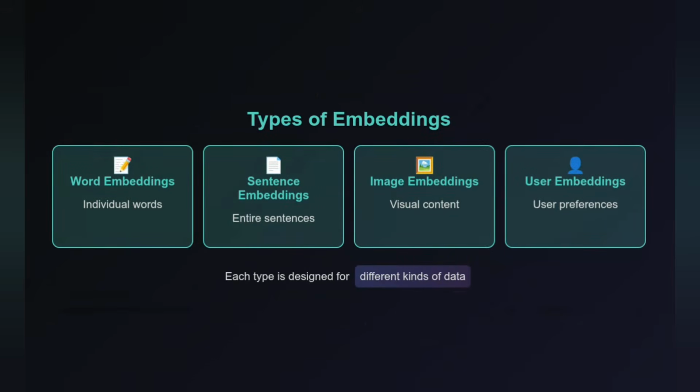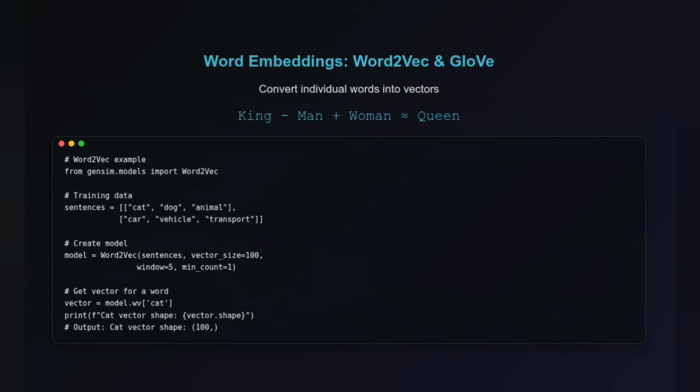There are several types of embeddings, each designed for different kinds of data. Let's explore the main ones. Word embeddings, like word2vec and GloVe, convert words into vectors. The famous example: king minus man plus woman equals queen.